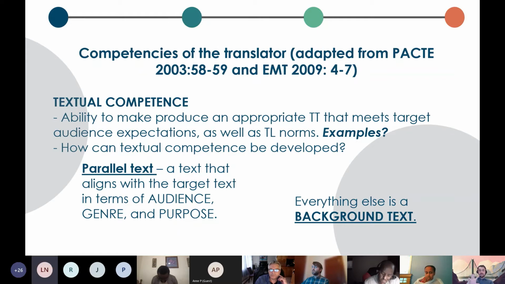So if you're translating instructions for how to drive a car, maybe a background text could be a driver manual or something like that. Something that has the same terminology, a way that you can learn about this field that could help you write your translation, your target text.